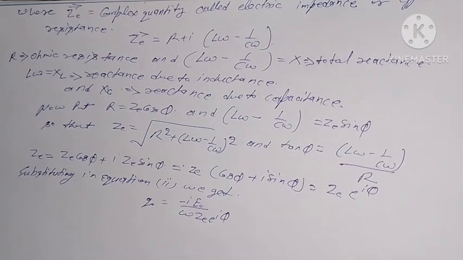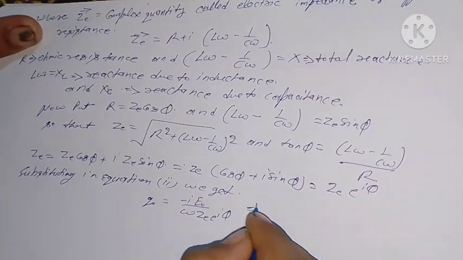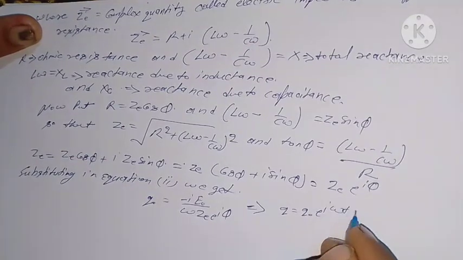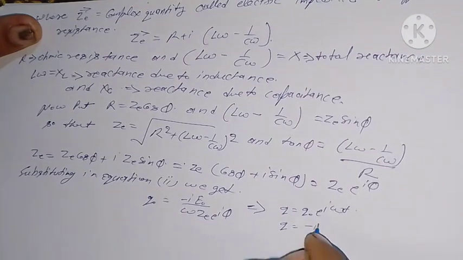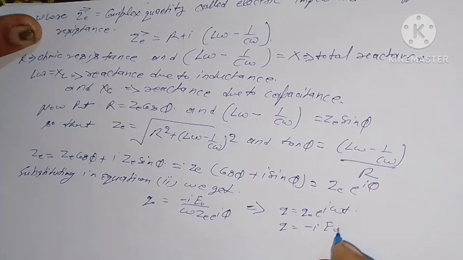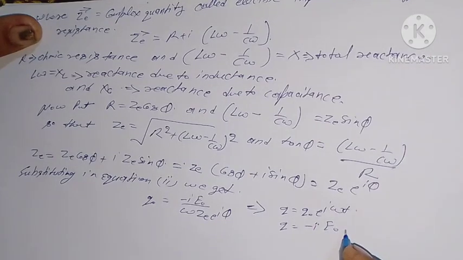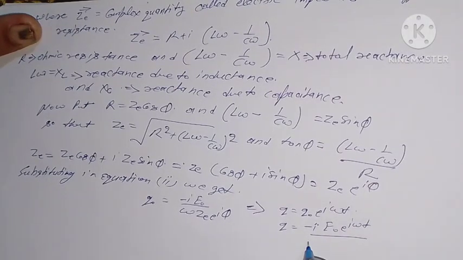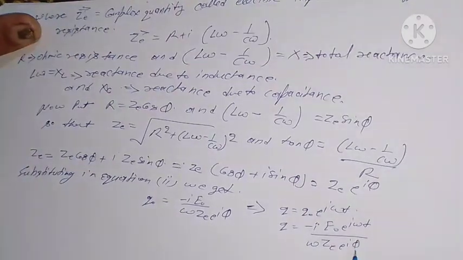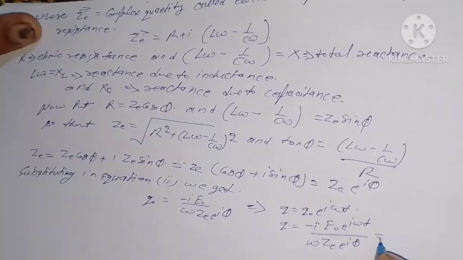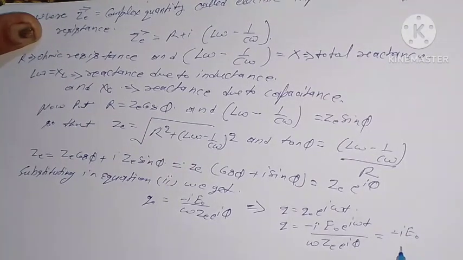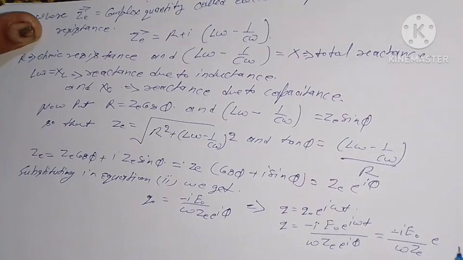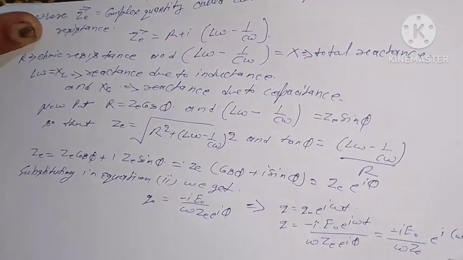Then q equals q naught e to the power i omega t, so q equals minus i E naught e to the power i omega t upon omega Z e to the power i phi, equal to minus i E naught upon omega Z e to the power i omega t minus phi.